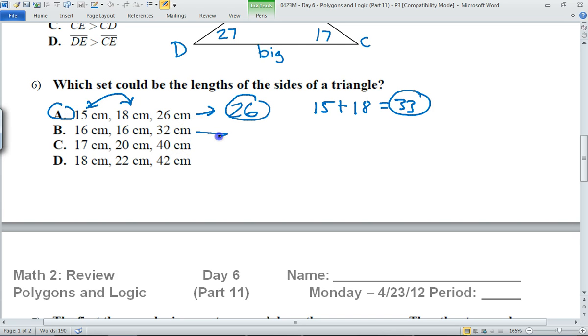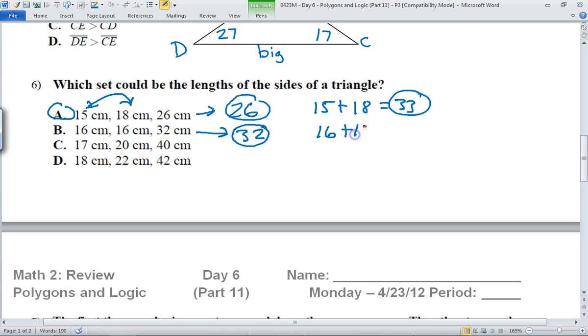Let's just look at one other by contrast. The biggest is 32. But then if we look at 16, it's 33. Oh, they're supposed to be bigger than that? They're supposed to be, the two other sides have to add up to more than the biggest side. So for example, if we look at B, the biggest one is 32.